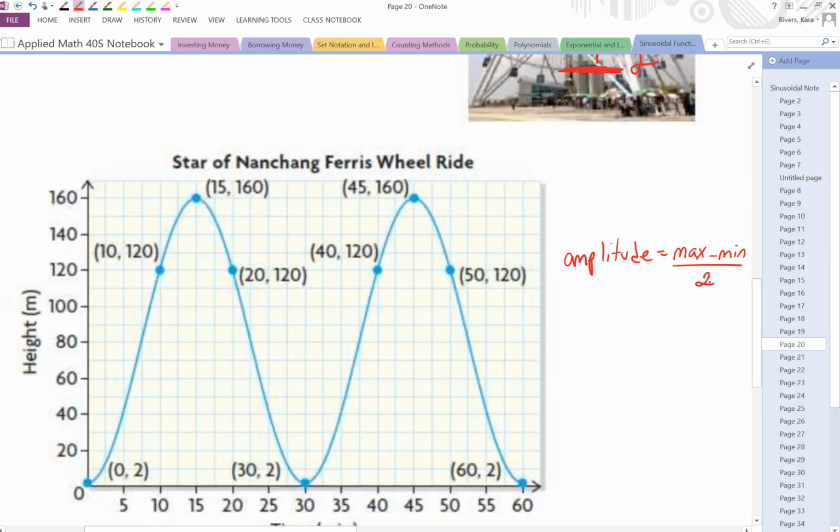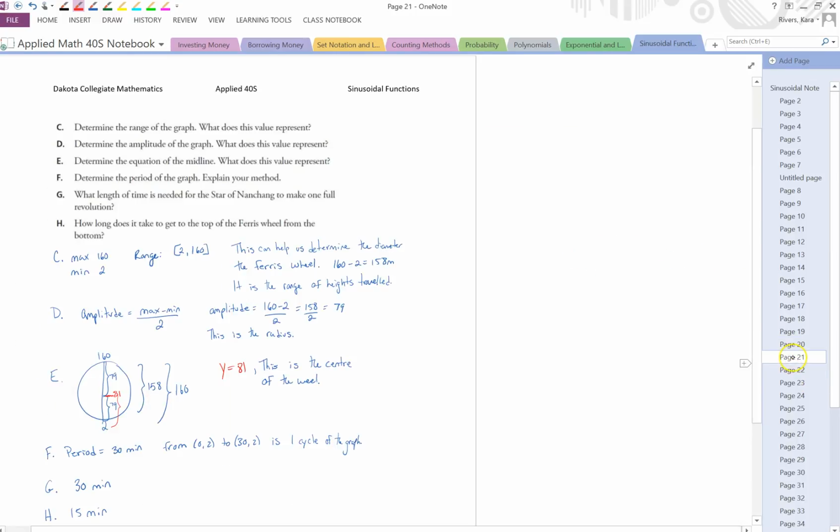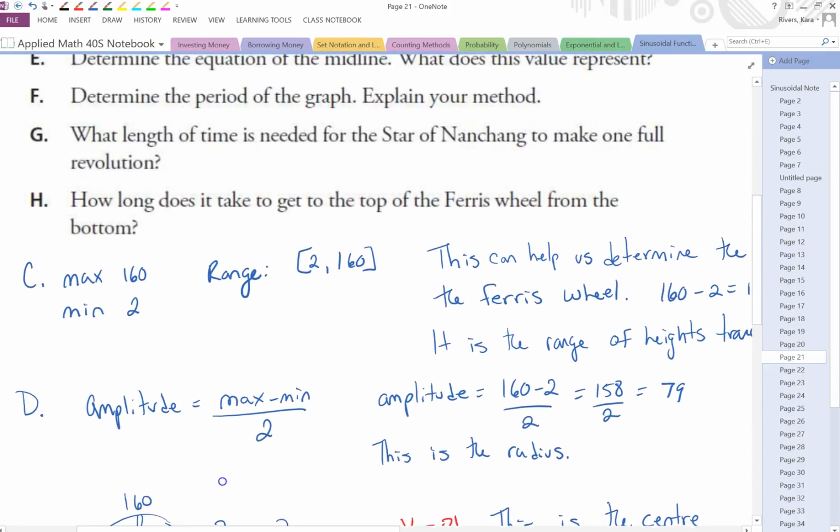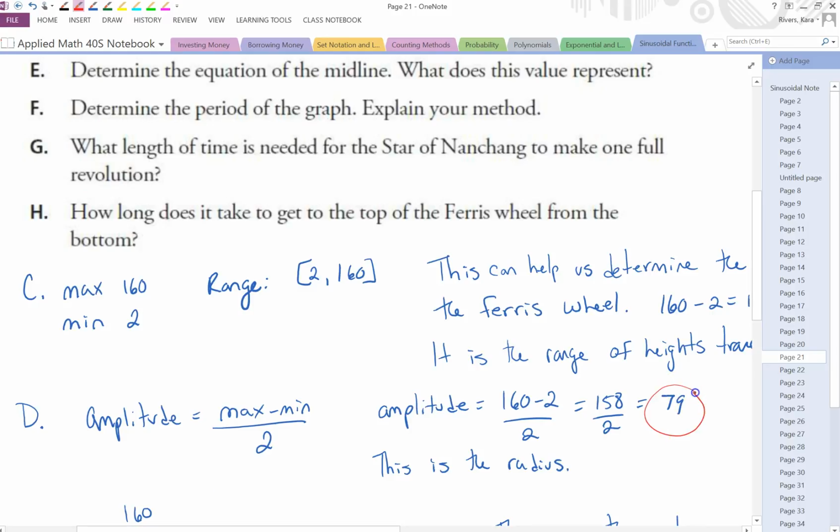So in our case, that would be 160 minus 2 divided by 2. Okay? So if we go back to our notes here, right, our amplitude, our max minus our min divided by 2, and we get an answer of 79. And this represents the radius. Okay?